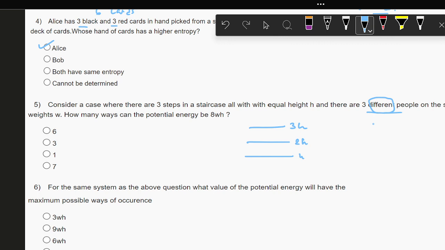That means they are all identical particles. We cannot differentiate one from another. They will all look the same. But people are human beings, so they are different from each other, in looks, in weight. In this case weight is the same, they have specifically mentioned that, but other than that different people are different from each other, because they have different names, looks, whatever.